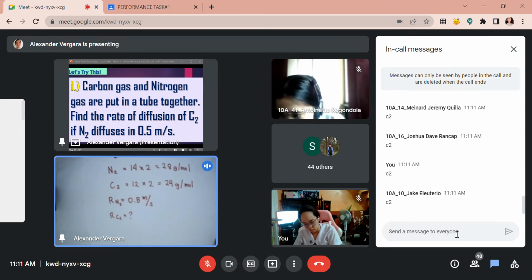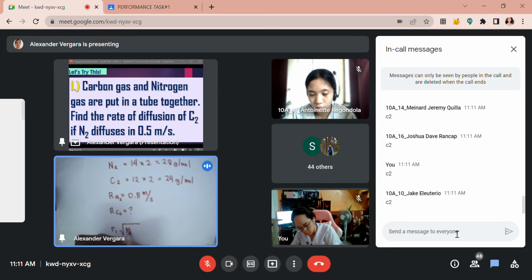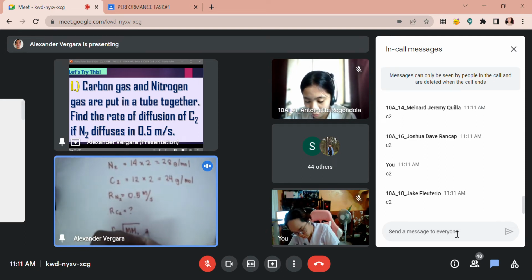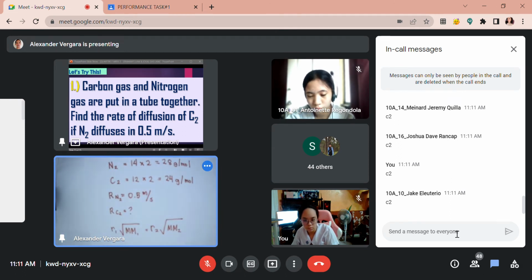So let's compute already. From the given formula a while ago, R1 over R2 is equivalent to the square root of molecular mass 2 over the square root of molecular mass 1. Now, since we're looking for the R2, correct?